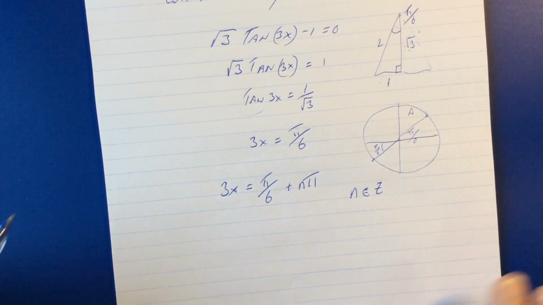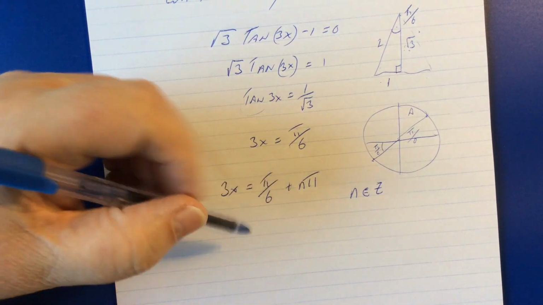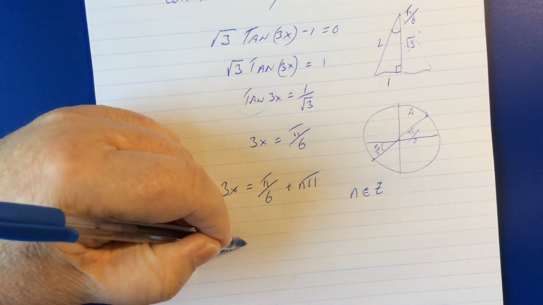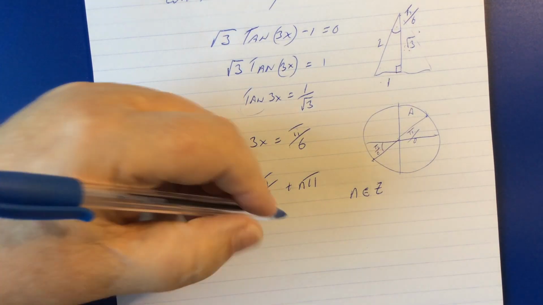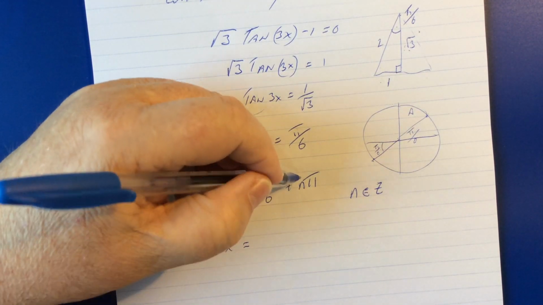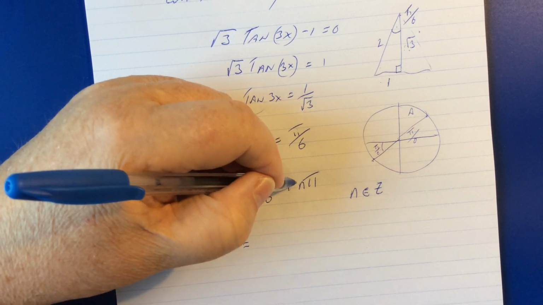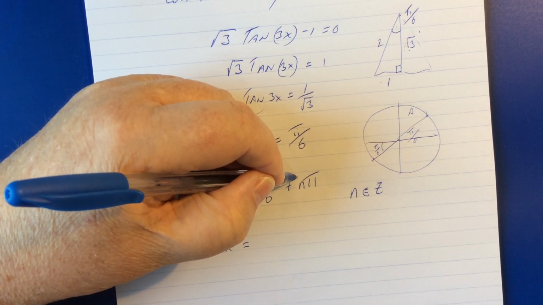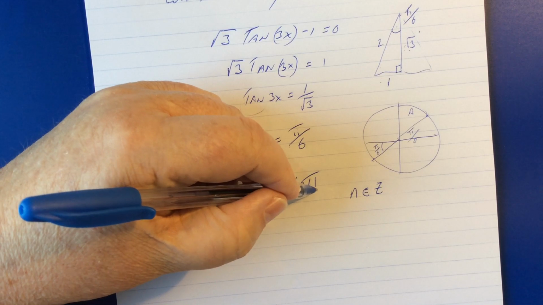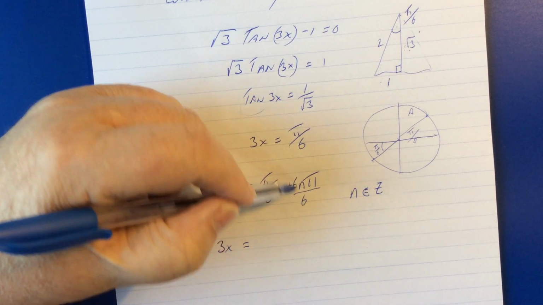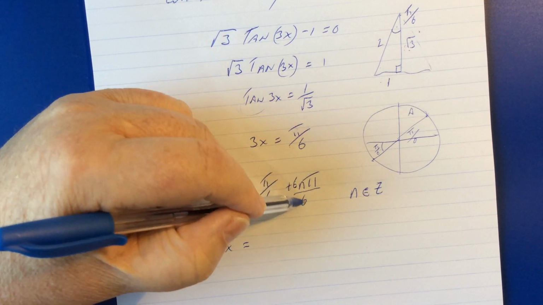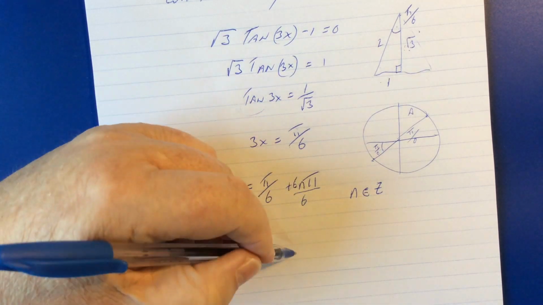So first of all we're going to properly generalize this. Now 3x therefore is equal to, just let me do one thing here, 6n on pi over 6. I'm just multiplying this by 6 top and bottom so that I get a common denominator.